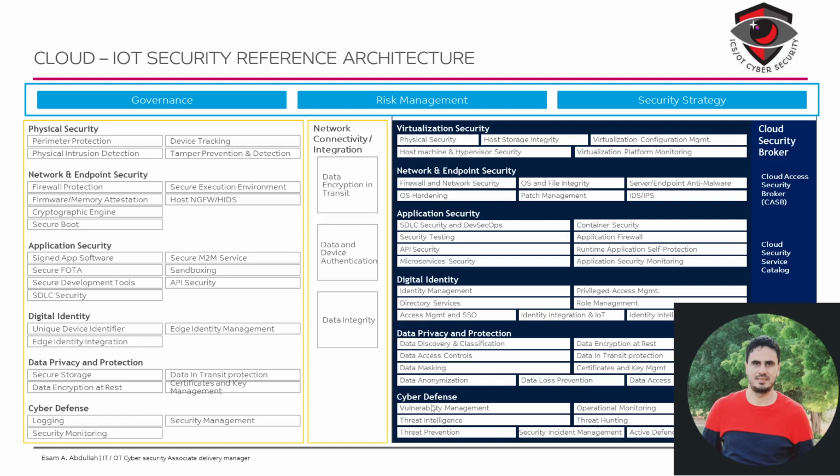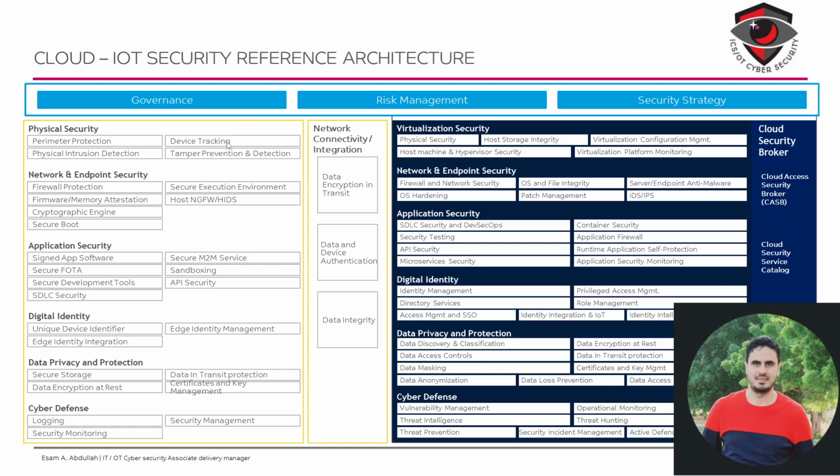And on the cyber defense broker: vulnerability management, threat intelligence, threat prevention, security incident, active defense, and threat hunting and operating model. And this is the connectivity in between, which is network connectivity integration, as previously, data encryption in transient, authentication, and data integrity.